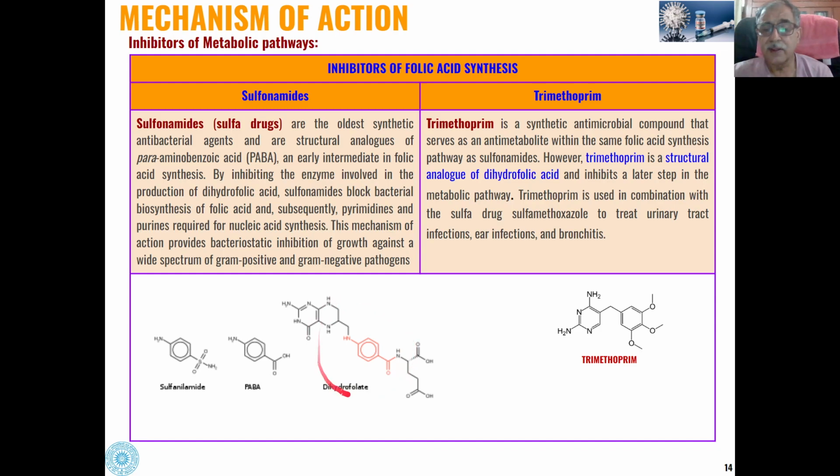So here, instead of this component, we will have trimethoprim, and because of that, the folic acid will not be synthesized, and the metabolic pathway will also be inhibited, thereby the bacterial cell will be killed. Trimethoprim is used in combination with sulfa drugs for treatment of UTI, ear infection, and bronchitis.